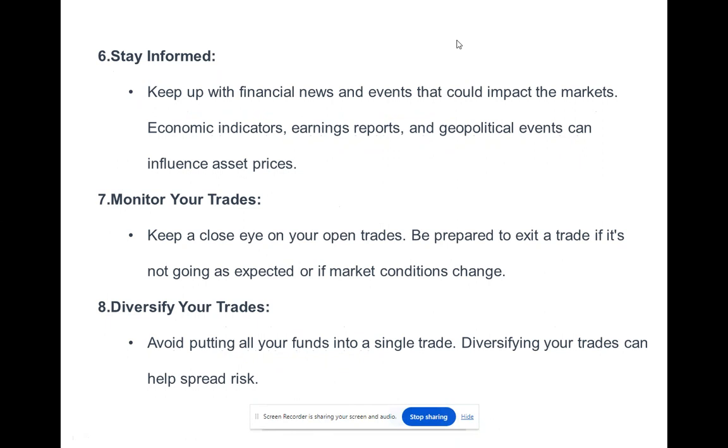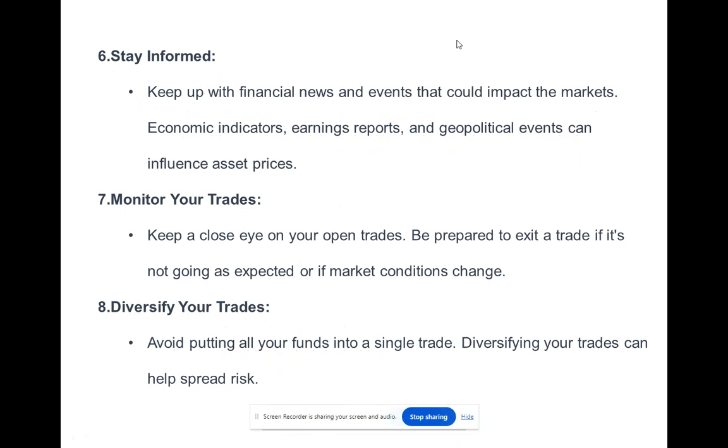Okay, so the six steps you have to take to make profit in binary option is you must stay informed. Always check the financial news and events that will impact the market. For instance, if there's going to be a news by 1:30, you must find out what type of news that is and which currency it is going to affect.